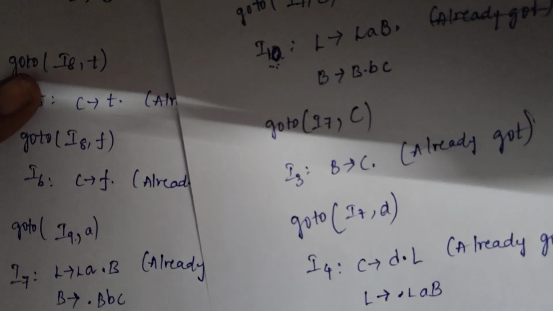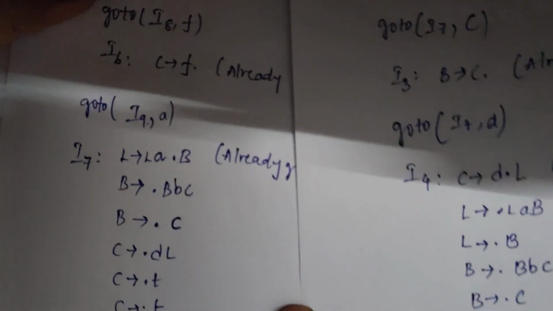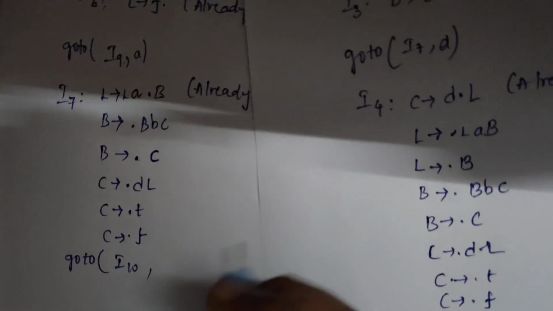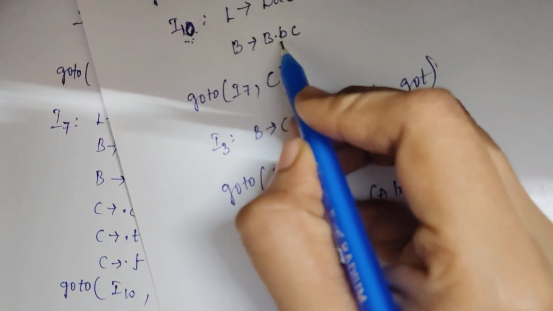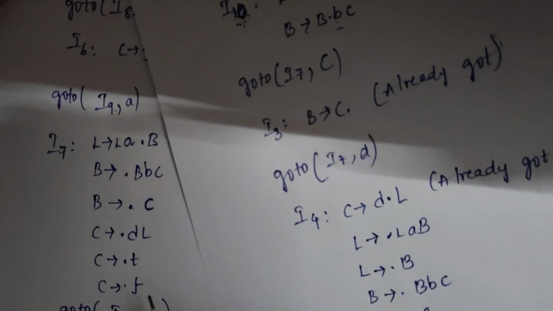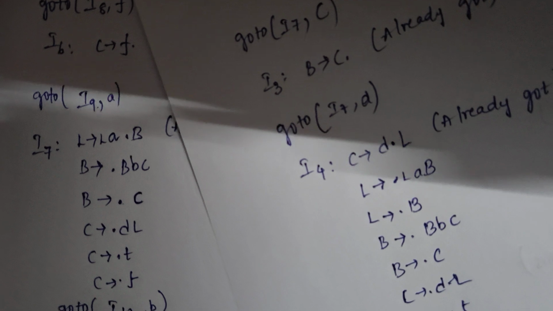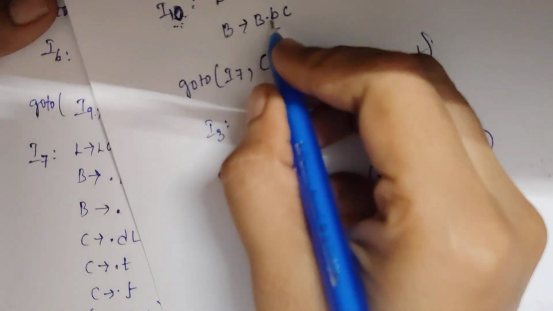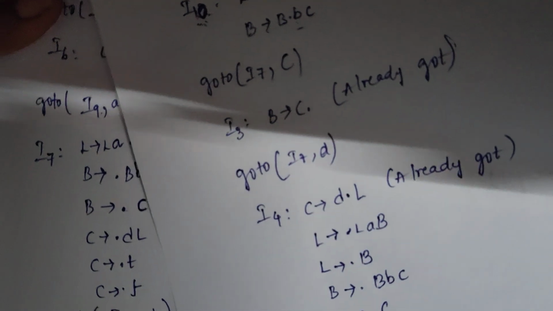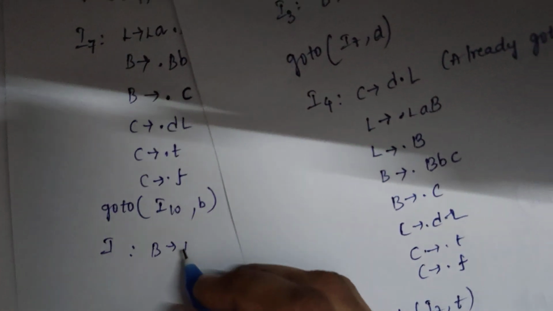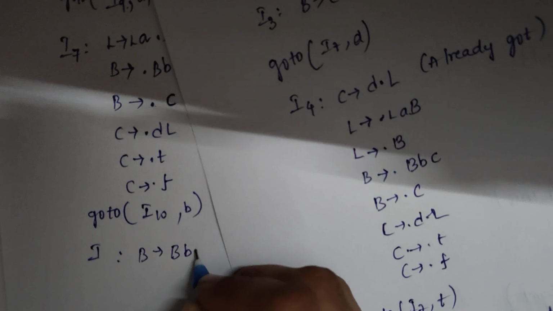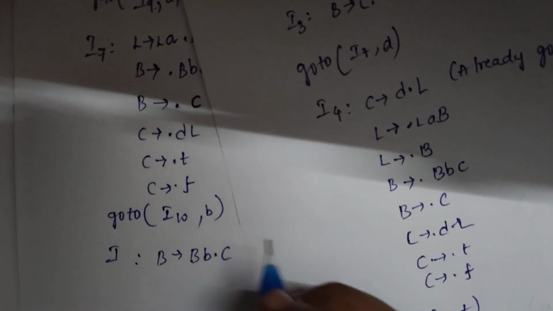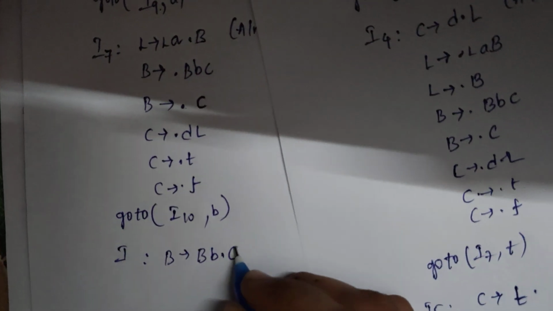So I10 comma, after which what we need to shift this, right? So I0 comma B. So you get this dot. So B produces B dot C.